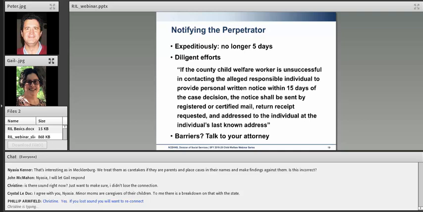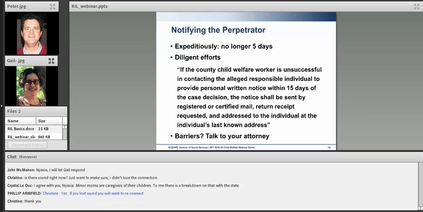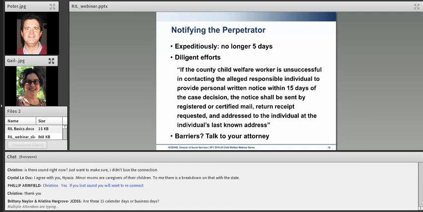Because if a responsible individual files a petition for judicial review and says to the judge, oh, they took too long to notify me, then your documentation is going to prove whether or not you notified them in an expeditious manner, and it will be up to the judge to determine whether he or she believes that you did it expeditiously.